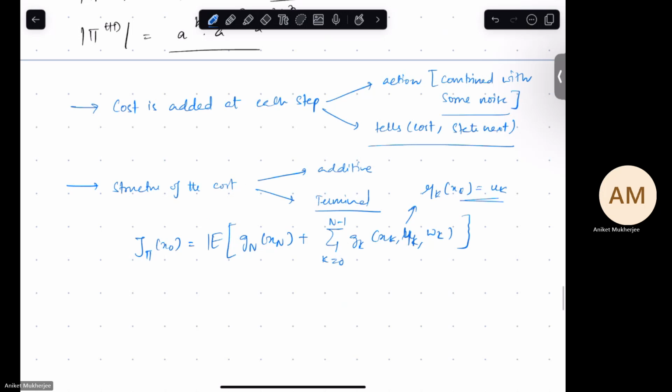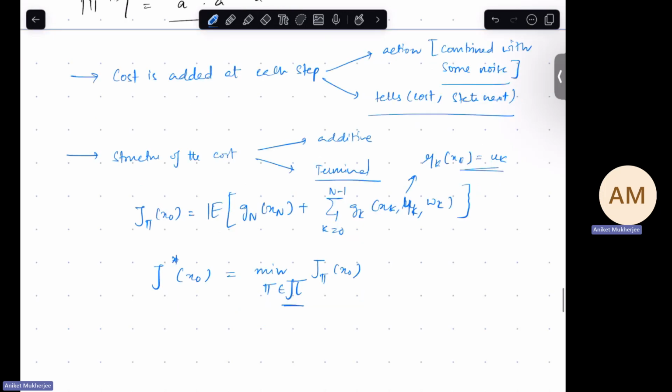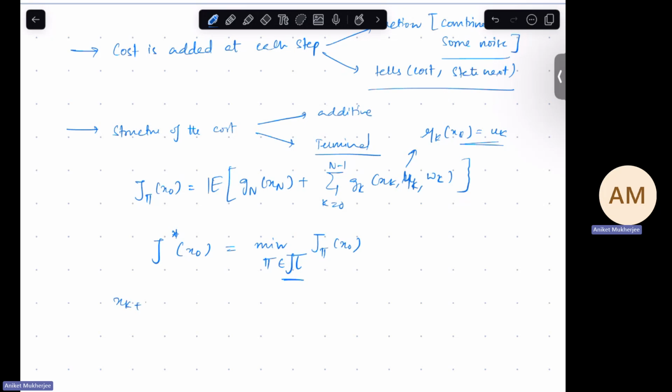Okay. So what we want to find is J star x0. This is over the set of all policies that you could choose, whether it is MD or HD. It's J pi x0, and you have your underlying dynamics where your trajectories follow x k plus 1 equals f of xk, mu k, w.